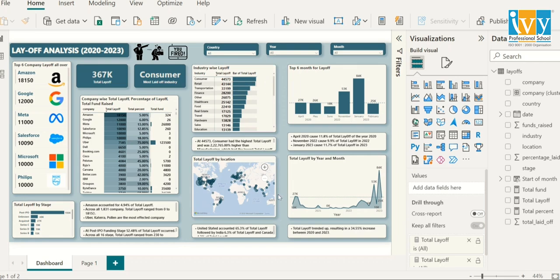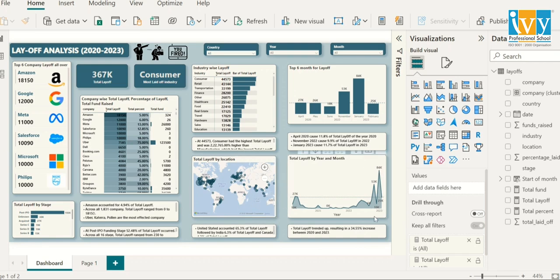This is the location-wise layoff, where you can see 65.3% of companies are USA based, followed by West Europe, whereas 6.3% of companies are from India.